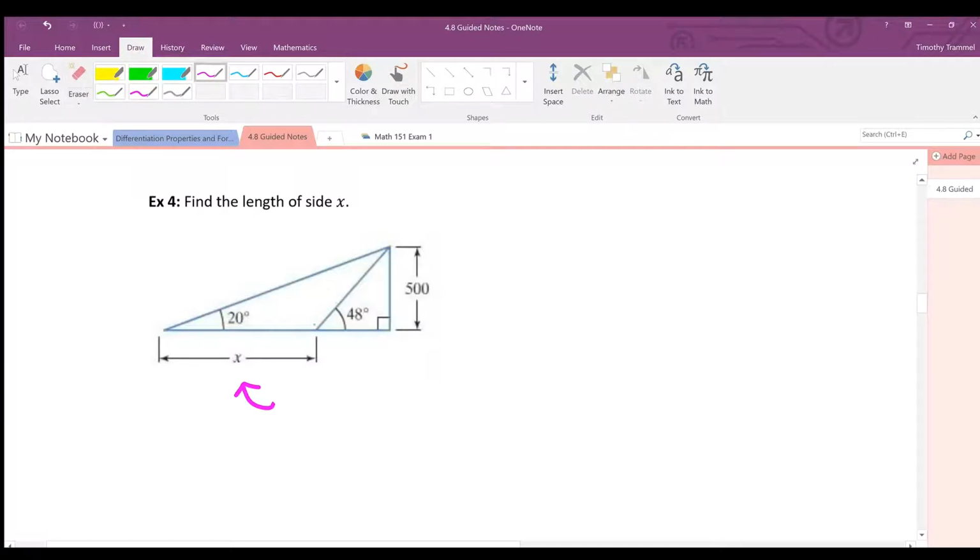Let's maybe start off with looking at this big one here. And we'll find the length of its base. Okay, so I'm going to look for this length right here.